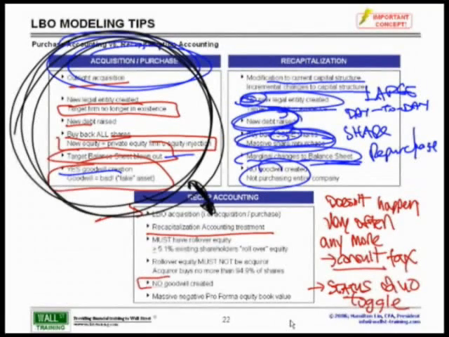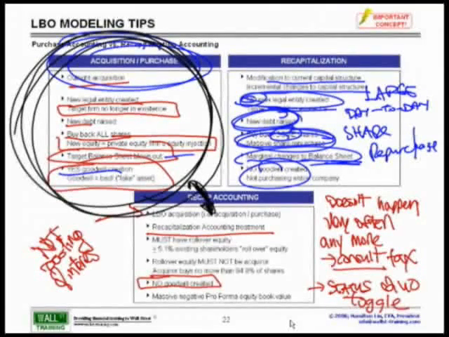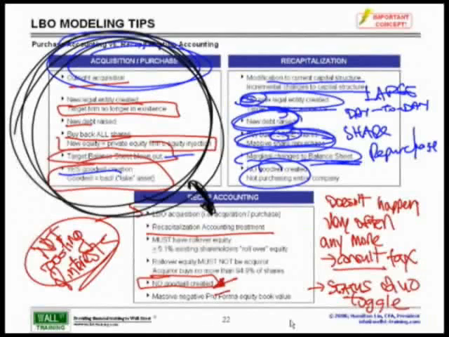No goodwill is created. This is not, by the way, pooling of interest, which FASB 141 got rid of. This is completely separate. No goodwill is created, and you get a cleaner balance sheet because there's no goodwill, but you will end up with massive negative equity book value. I'll go through that in the next slide. We'll go through a short example.